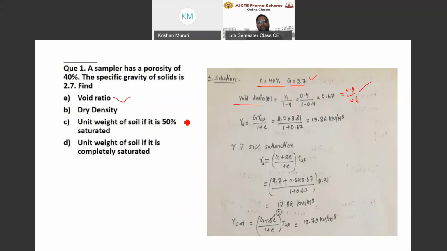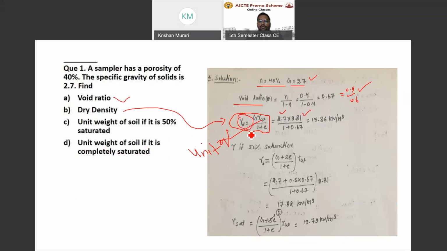Next term is dry density. We also know that formula. In the last slide we studied dry density equals G gamma w upon 1 plus e. Here G is 2.7, and gamma w is the unit weight of water, that is 9.81.